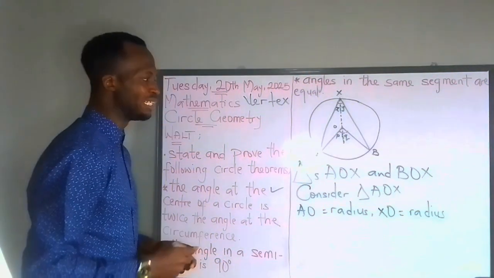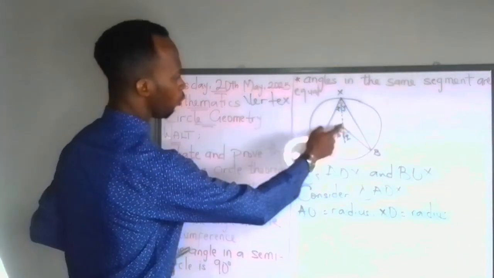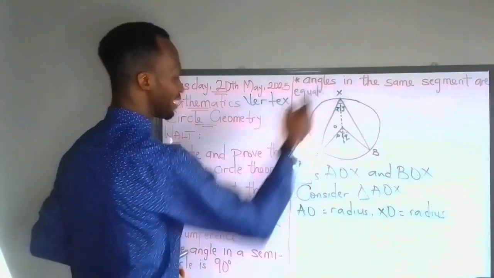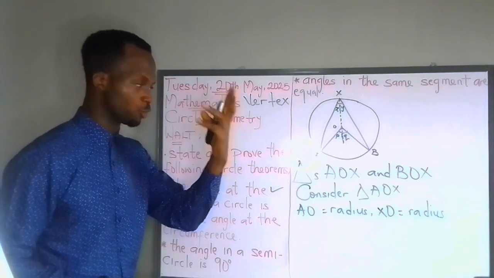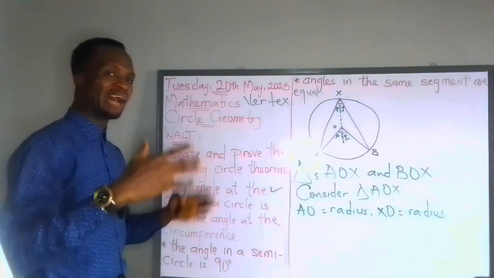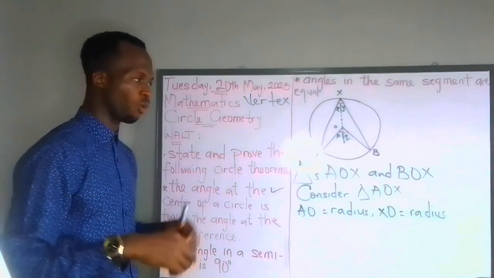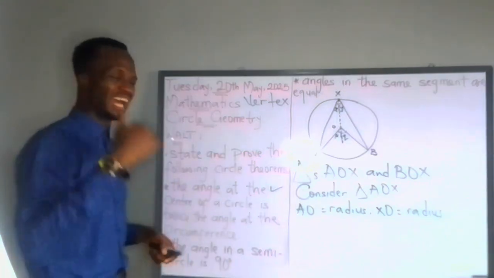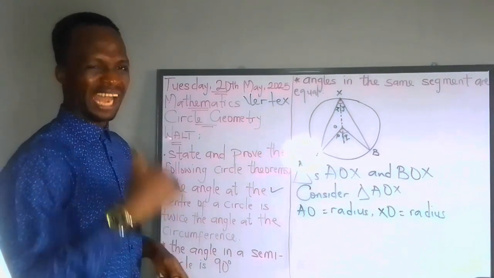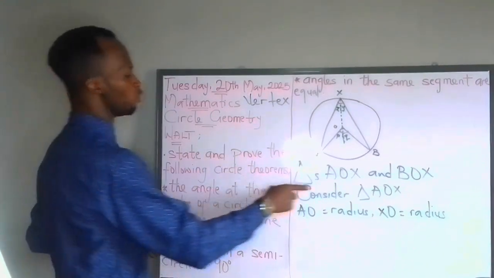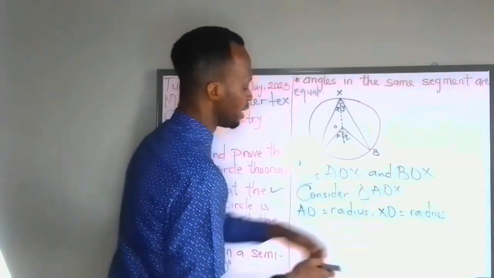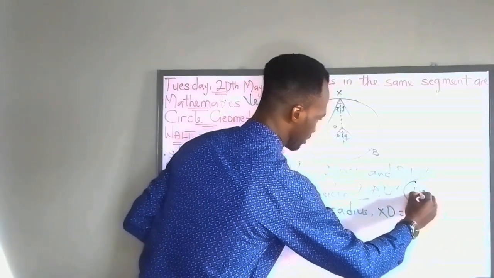So out of the three lines of the triangle, AO, XO, and AX, two of them are equal. That should ring a bell. When you have a triangle and two sides are equal, what kind of triangle is that? That's an isosceles triangle. So we can say triangle AOX is isosceles.